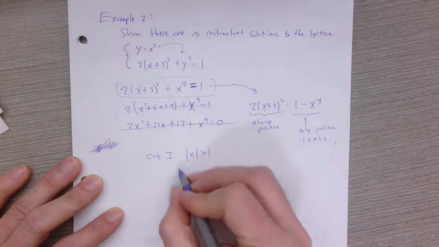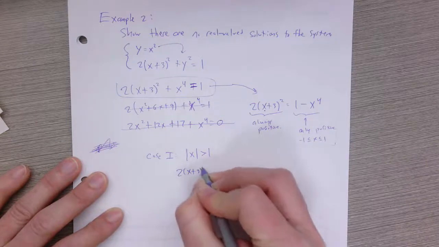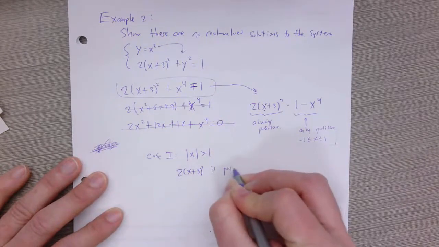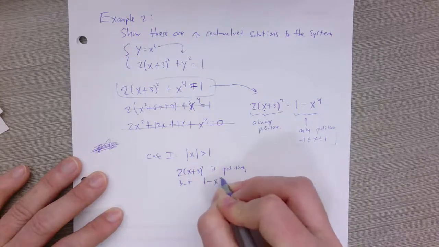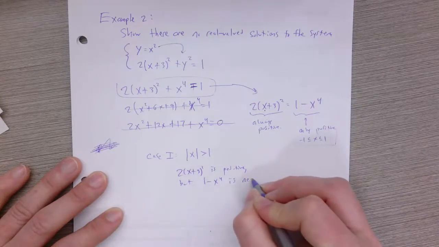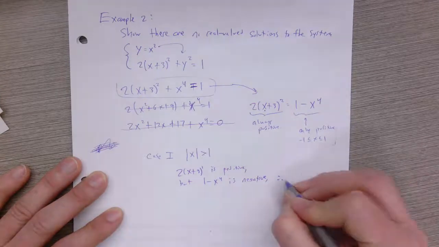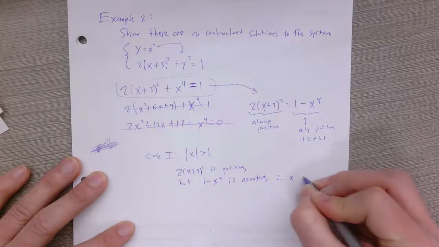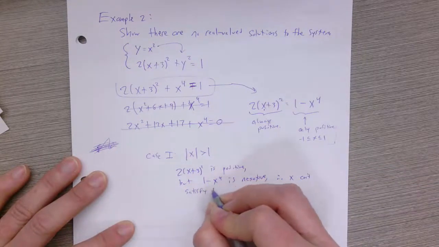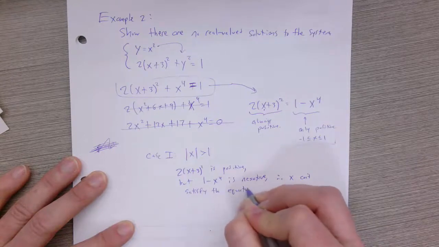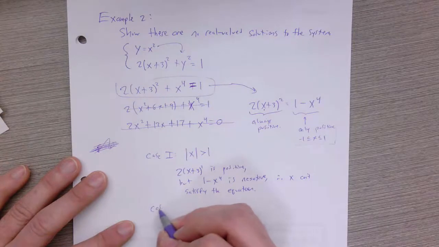In that case, 2 times (x plus 3) squared is positive, but 1 minus x to the 4th is negative. Therefore, x can't satisfy the equation. Okay, so that's my restatement of what I've said so far. Let's look at case 2.